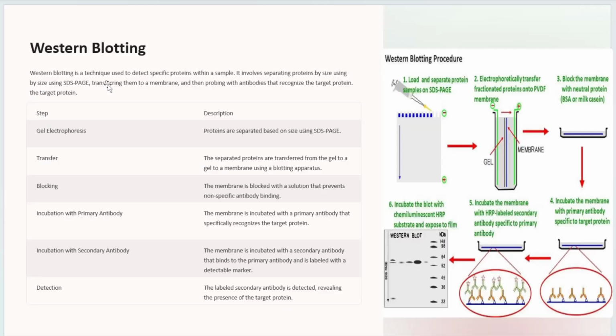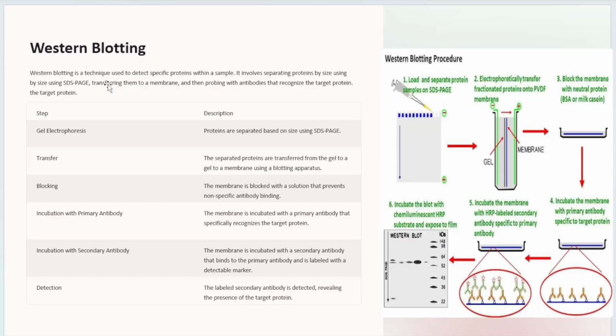Then we have Western blotting. Unlike the RNA and DNA, where electrophoresis occurs through agarose gel electrophoresis, the protein separation happens in the PAGE or SDS-PAGE, we say polyacrylamide gel electrophoresis. You can look at the other videos to understand polyacrylamide gel electrophoresis.